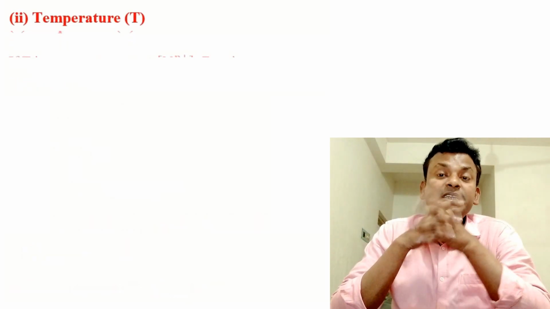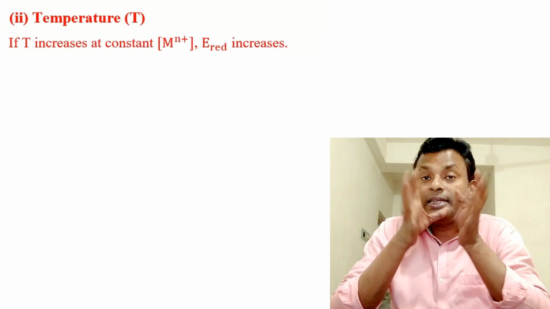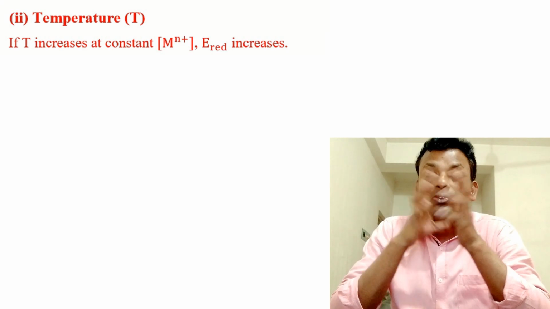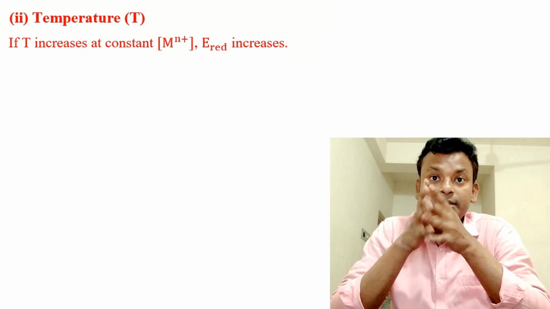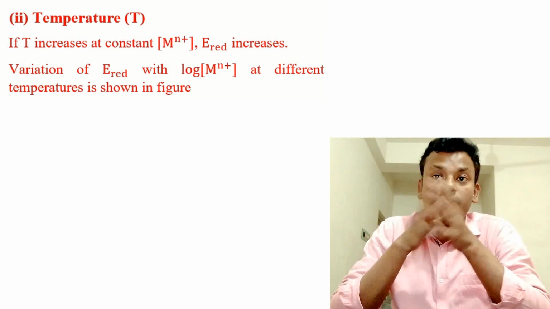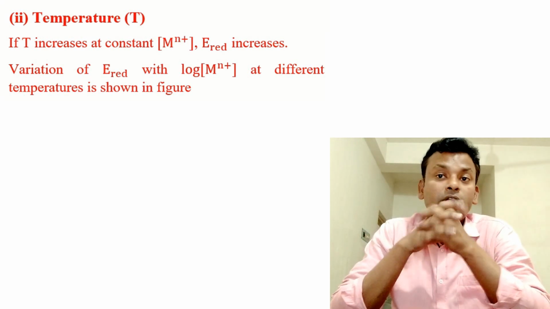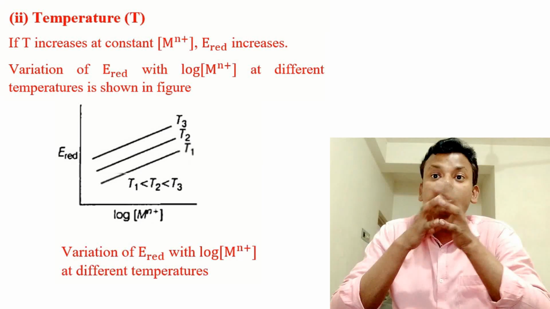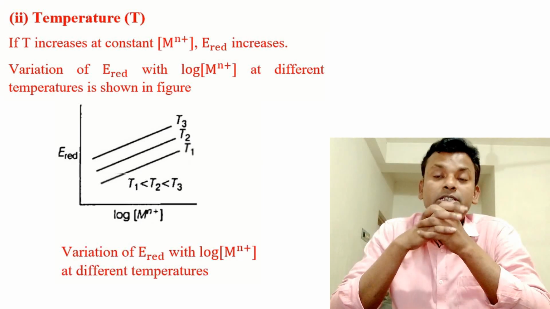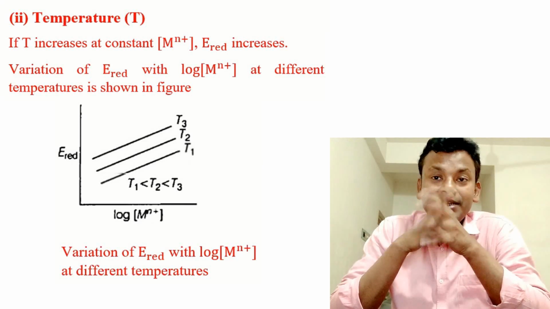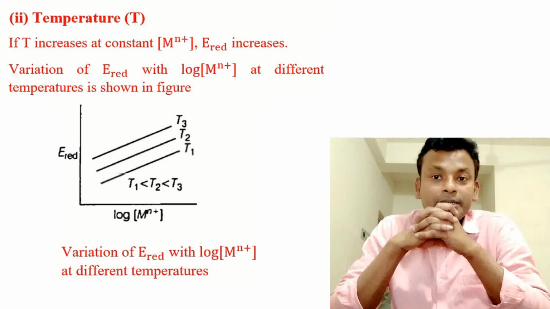If the temperature increases at constant concentration of Mn+, E reduction increases. The variation of E reduction with log concentration of Mn+ at different temperatures is shown in the figure, where T1 is less than T2 less than T3.